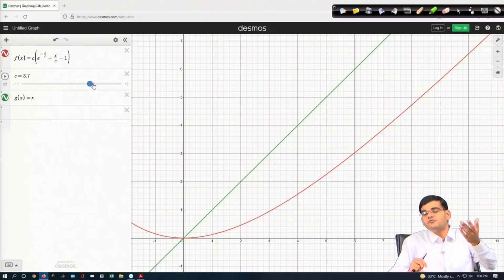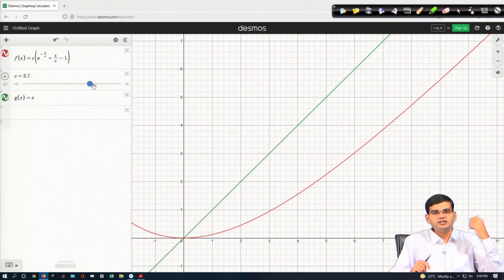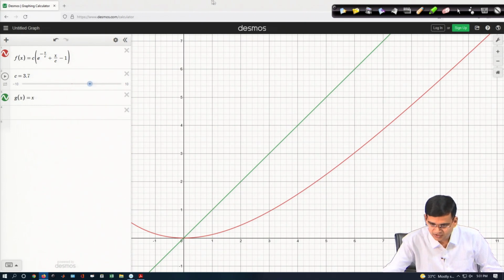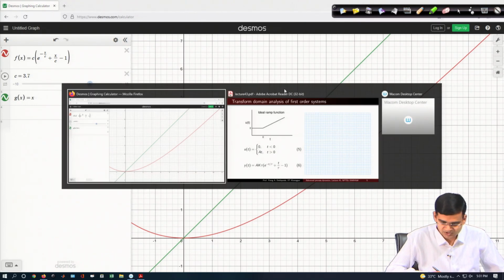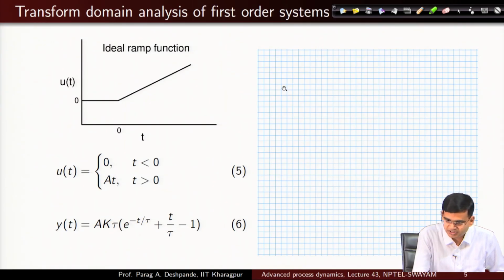And after 4 or 5 time constants, you will see that the lag between the forcing function and the response would become unity. That is another meaning of time constant. Okay. So, this is how you will see how the system would behave. So, let me draw this here.